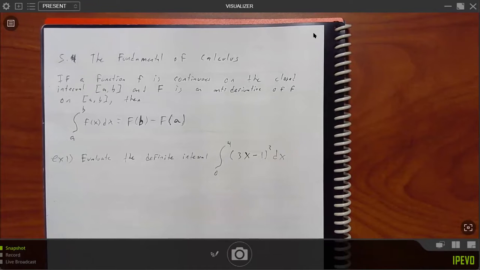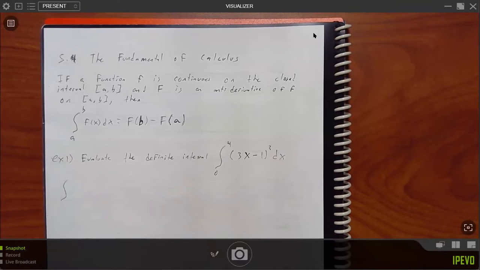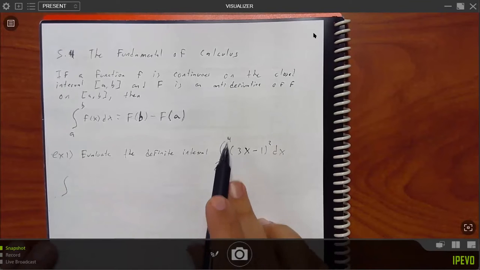Okay. So it's going to be the same stuff we did on 5.1. It's just that now we have to evaluate at these bounds.